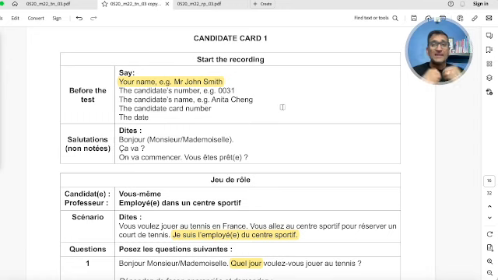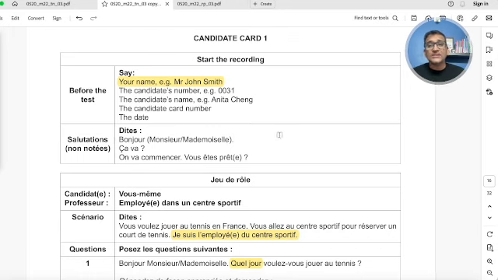For example, if I'm the teacher, I'll say teacher's name Mr. Anuj Jindal, for example. And then I will read whatever is the candidate's number, le numéro du candidat. Then candidate's name, here Anita Sheng, for example, the candidate card number. So this card number is spoken by the teacher, and then the date of the exam.